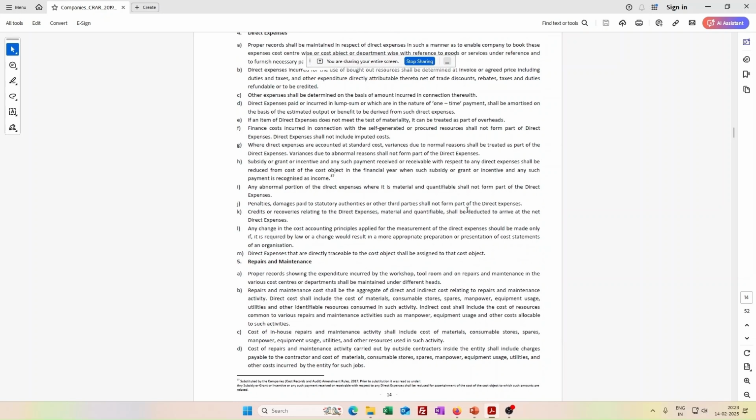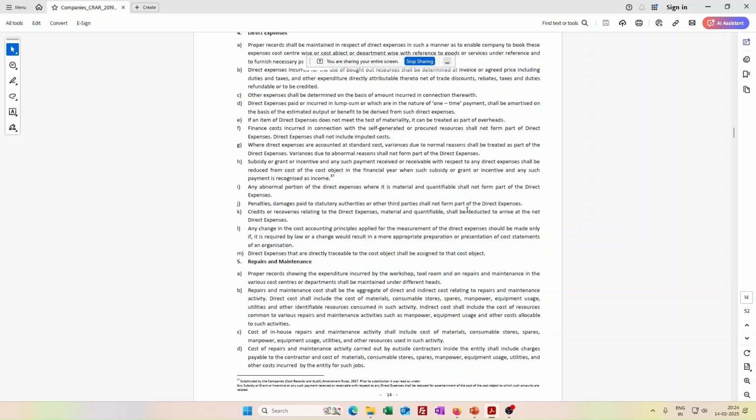Repairs and maintenance can be of two types. One is bought-out repairs and maintenance, where some company gives repair and maintenance outsourcing. For outsourced repair and maintenance, the bill of the outsourced agency should be taken into consideration.